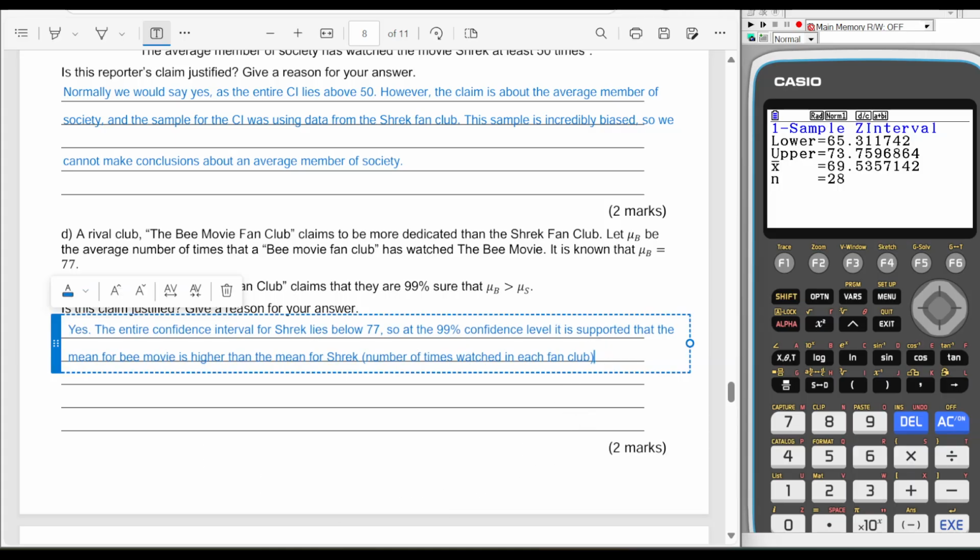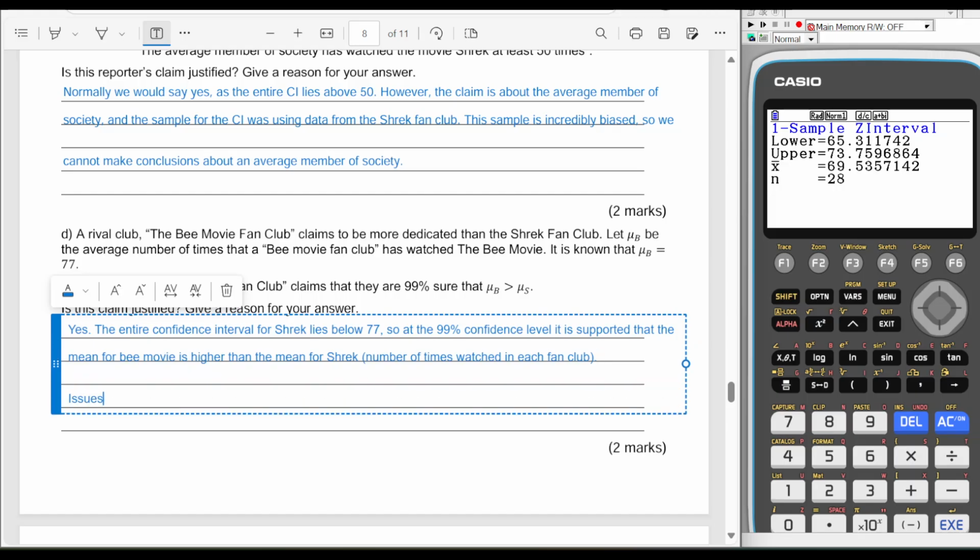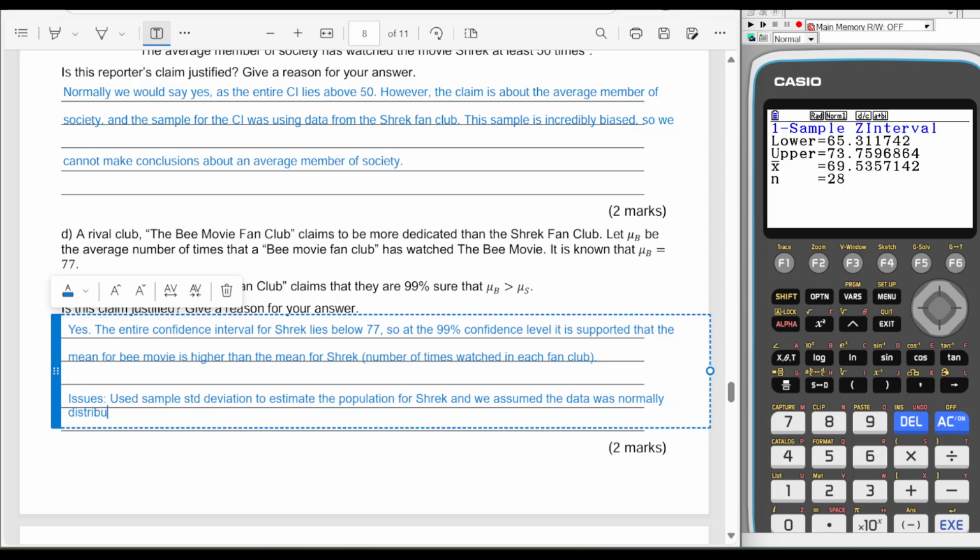Now, if we want to get kind of technical here, we do have some issues. We used the sample standard deviation to estimate the population for Shrek, and we assumed the data was normally distributed.